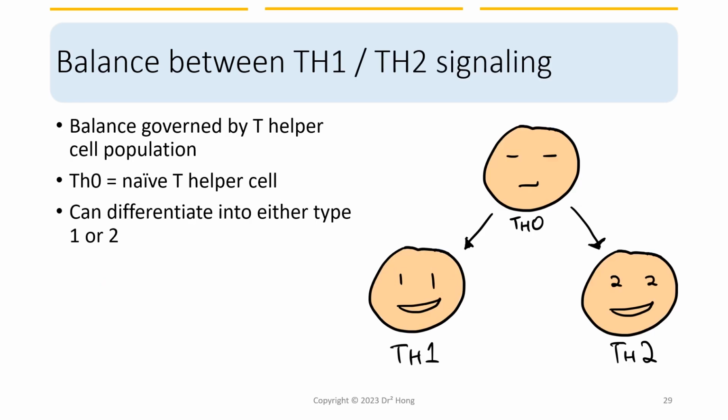Just to jog your memory, here is the graphical illustration of TH0, meaning naive T helper cell. They have no expression, and they can differentiate into either TH1 or TH2. I purposefully drew their eyes with numbers just to tell you the difference.